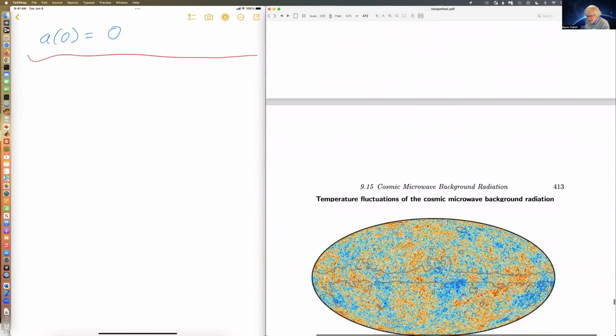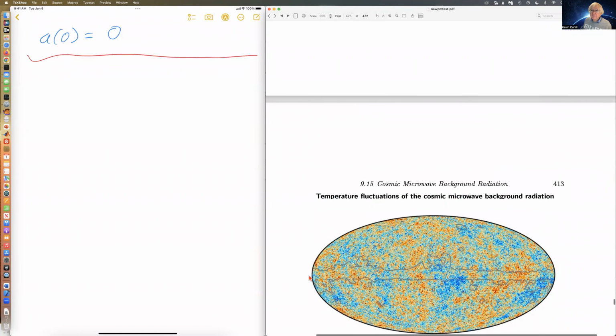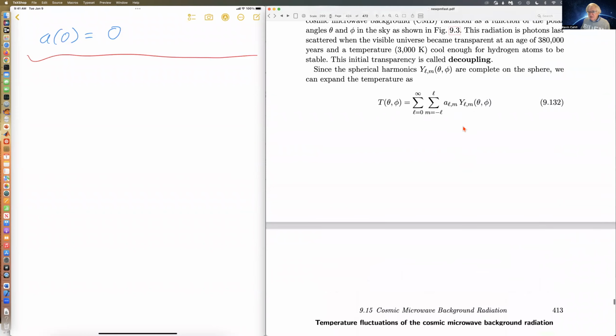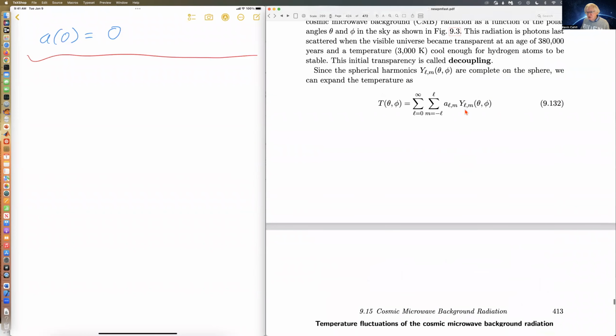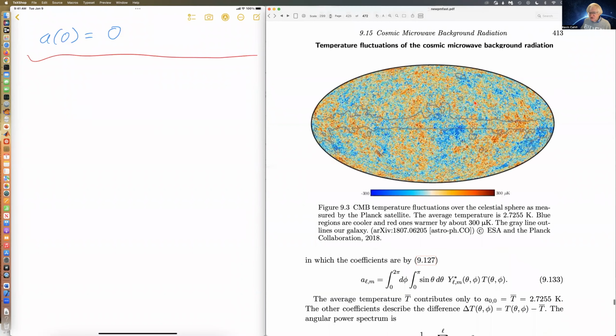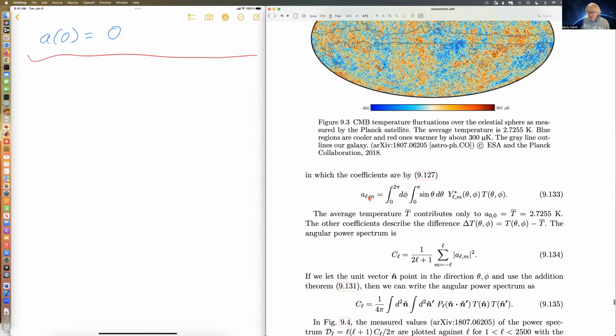Anyway, if this is sort of a picture of the whole sky, because you've got pi going this way and 2 pi going that way, and this is the temperature, you can expand the temperature then in terms of the spherical harmonics that we've just been talking about. And the coefficients, we just learned what the coefficients were.